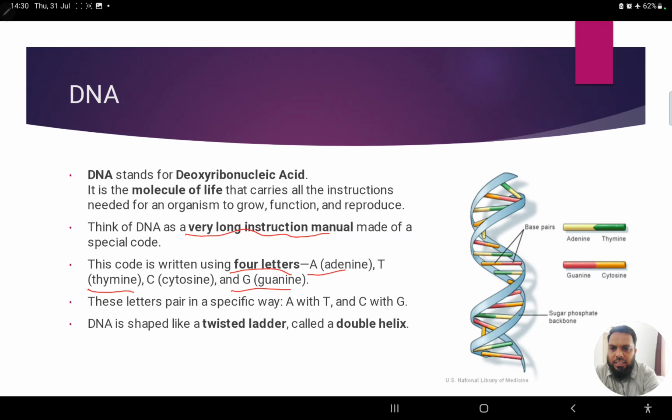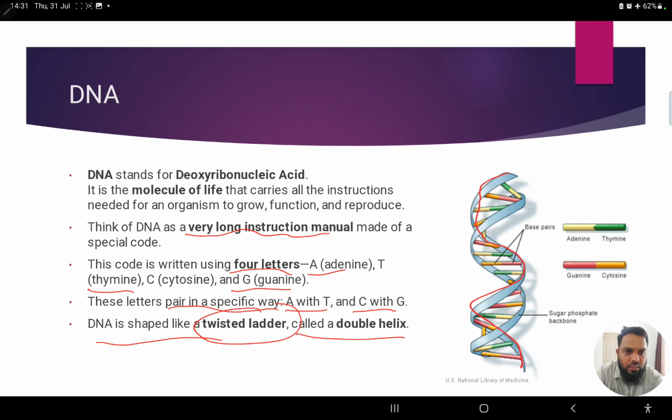So these letters pair in a specific way, right? A with T, C with G, such specific formations are found inside a DNA. So DNA is shaped like a twisted ladder called double helix. You can see here, twisted ladder. One strand is going like this, and the other strand is going like this.